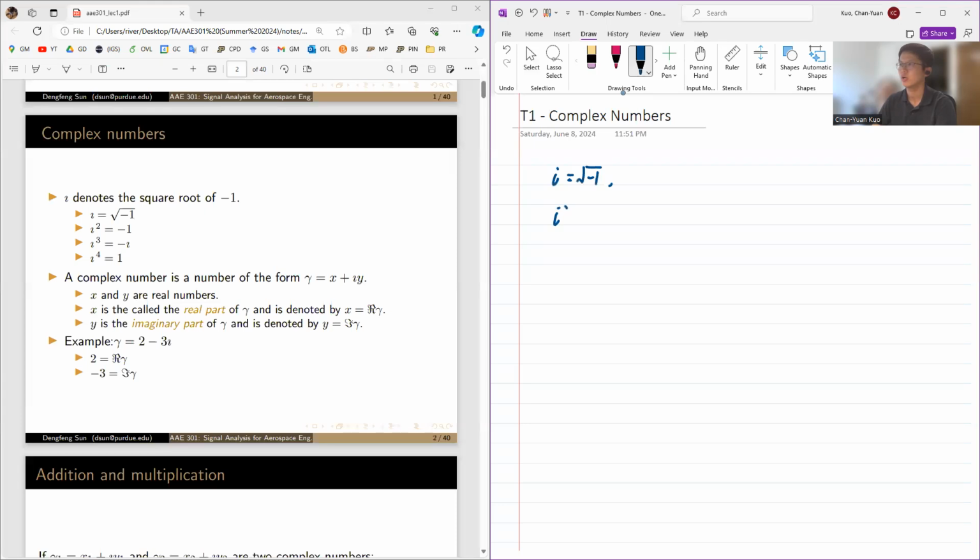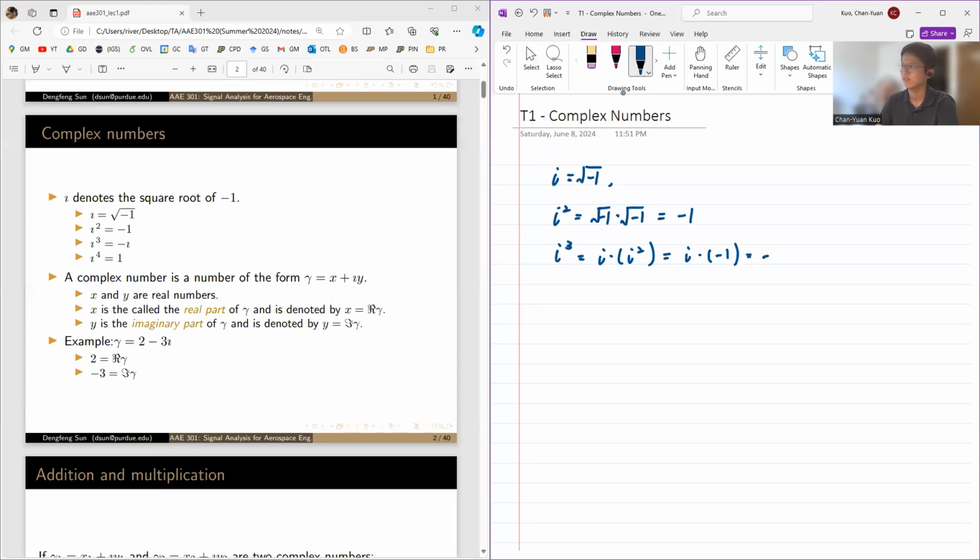So the square of i will be square root of -1 multiplied by square root of -1. And that's gonna be -1. And then the cube of i will be i times the square of i, which is equal to i times -1.